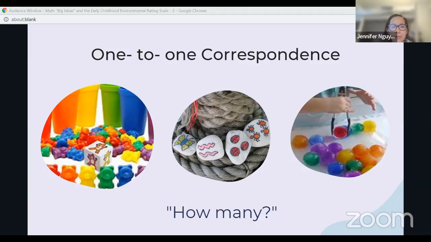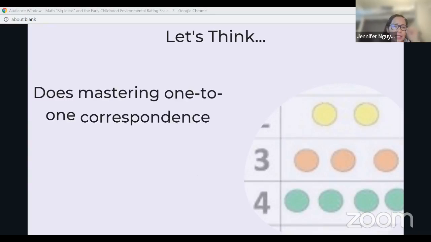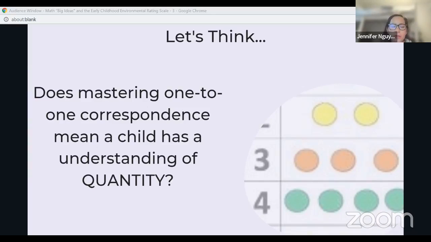So that was our first big math idea, one-to-one correspondence. How many? So let's think. Does mastering one-to-one correspondence mean a child understands quantity?